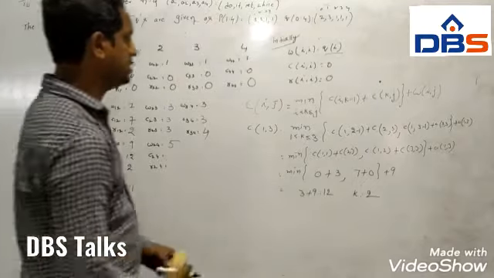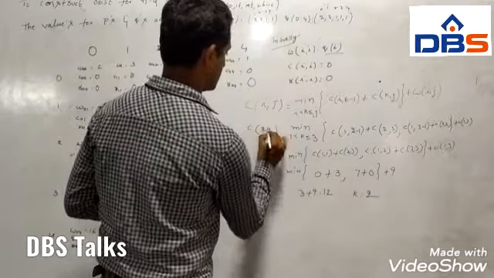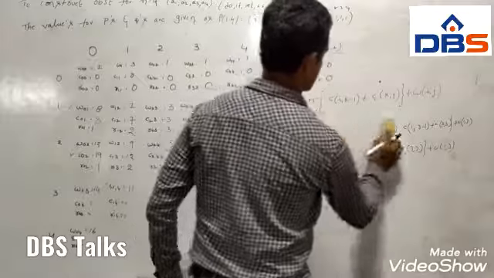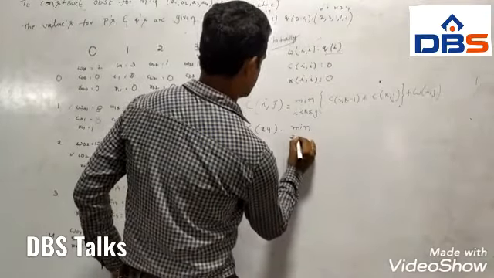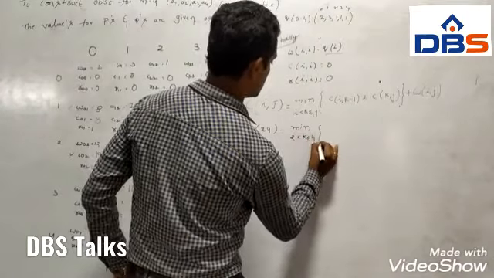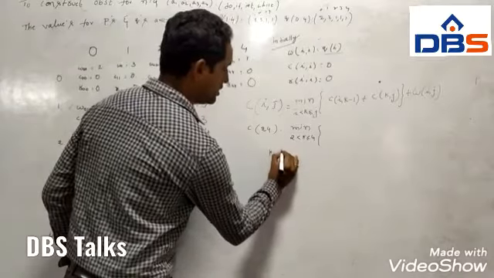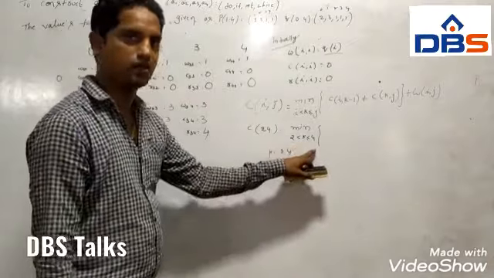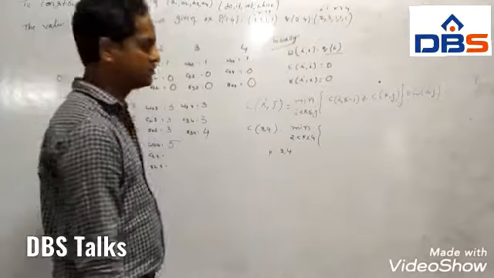So now we construct C of 2 4. Min 2 less than k less than or equal to 4. So 2 less than k, we take k equal to 3 comma 4. 2 less than 3 less than or equal to 4, 2 less than 4 less than or equal to 4. Two values are satisfied.